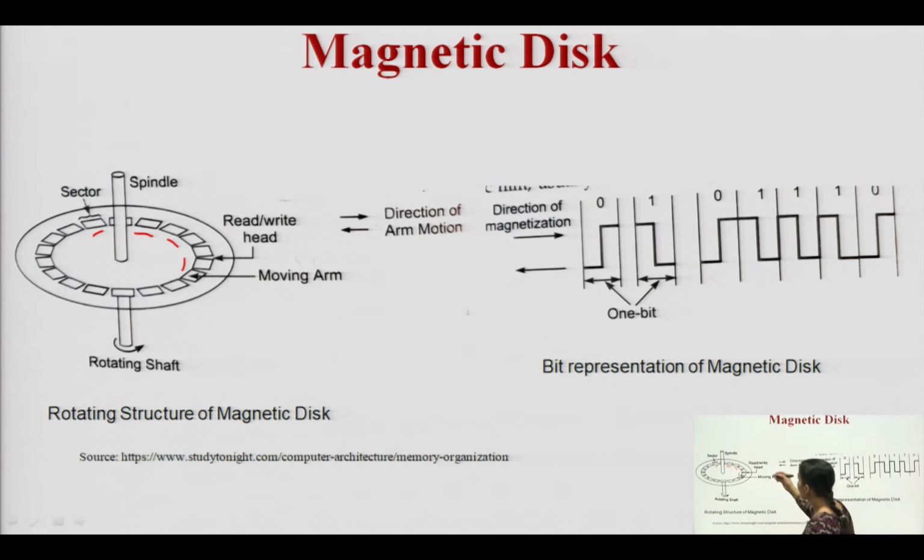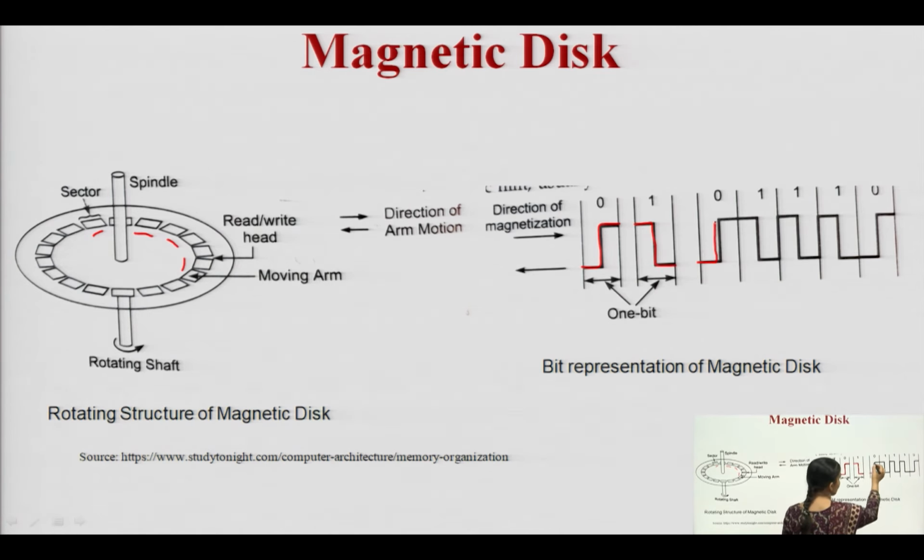We have one read and write head that tells us which operation on which sector has to be performed. This is the bit representation of a magnetic disc, in which we can store the data in the form of zeros or ones. Like this it denotes 0 and this denotes a 1.